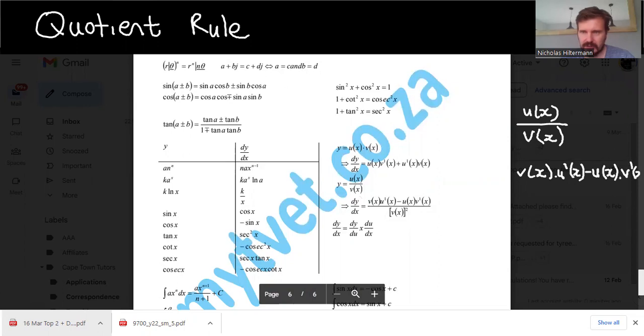So in other words, the bottom times the derivative of the top minus the top times the derivative of the bottom, over v(x) squared.